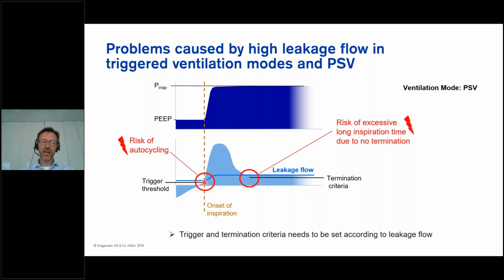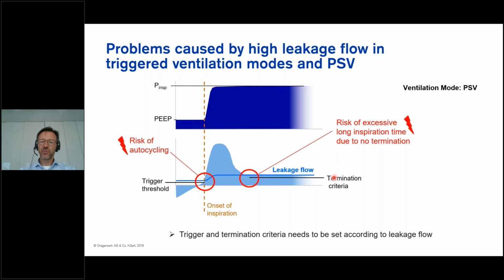But this is without any spontaneous activity of the patient, because this is simply driven by the ET tube leak. Also, at the end of an inspiration, the flow can only come down to the leakage flow. It never will return to the 0 line.